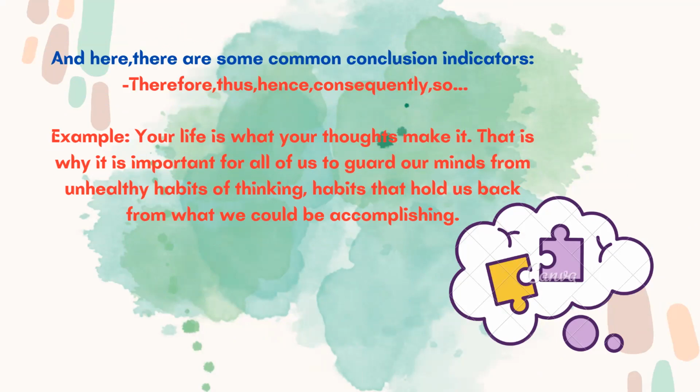And an example: your life is what your thoughts make it. That's why it's important for all of us to guard our minds from unhealthy habits of thinking, habits that hold us back from what we could be accomplishing.